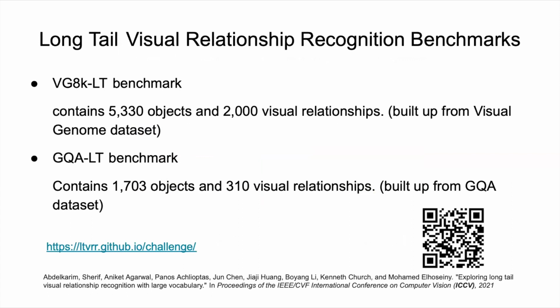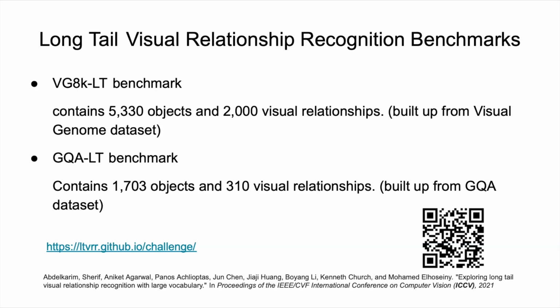In order to study and analyze this long-tail visual relationship recognition problem, we have introduced two benchmarks. The first one is the VG8K LT benchmark. The second one is the GQA LT benchmark. VG8K LT contains 5,300 objects and 2,000 unique visual relations.